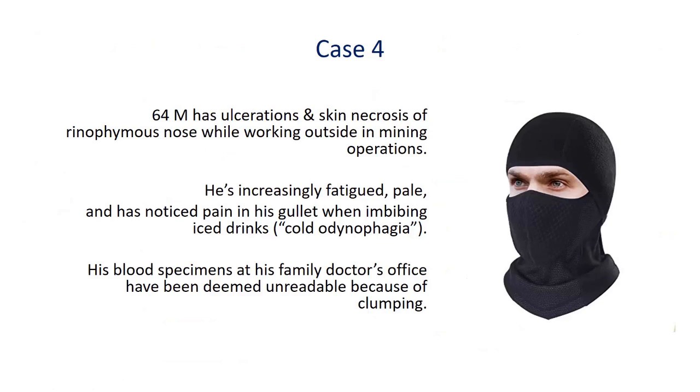And this was happening after working outside in mining operations. He's increasingly fatigued, pale, and he's noticed pain in his gullet when he imbibes ice-cold drinks, cold odynophagia. His blood specimens at the family doctor's office are deemed unreadable because of clumping.